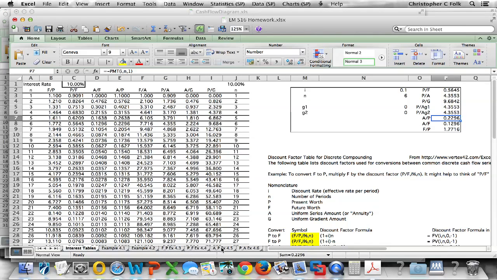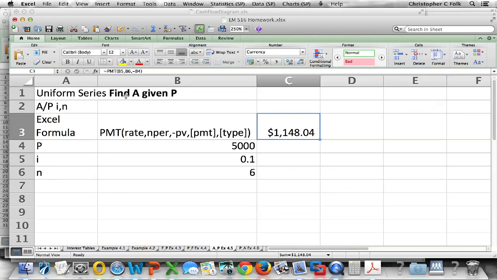So here we have 4-5. Again, I put it in here, find A given P, right? And I typed some of this out to help you here. The rate times the period times the negative value, if there was a payment, and then the type. And because this is a PMT, this is the Excel function, right? You start it with equals PMT, and it shows the three things that we need.